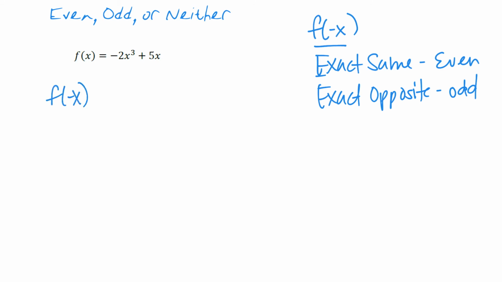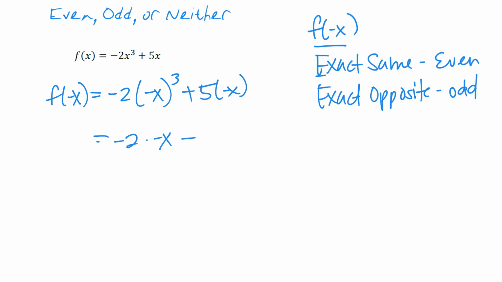So I have f of negative x is equal to negative 2 times negative x cubed plus 5 times negative x. So you have negative 2 times negative x cubed is a negative x cubed, so that gives me negative 2 times negative x cubed. And 5 times a negative x is negative 5x. So a negative 2 times a negative x cubed is a positive 2x cubed, minus 5x. Okay, so we're going to look. 2x cubed in my negative x equation is positive.